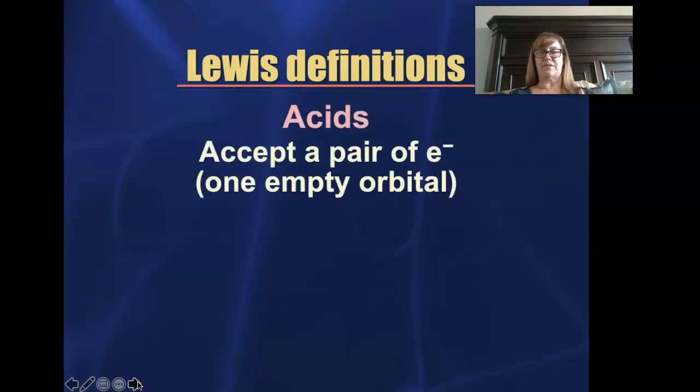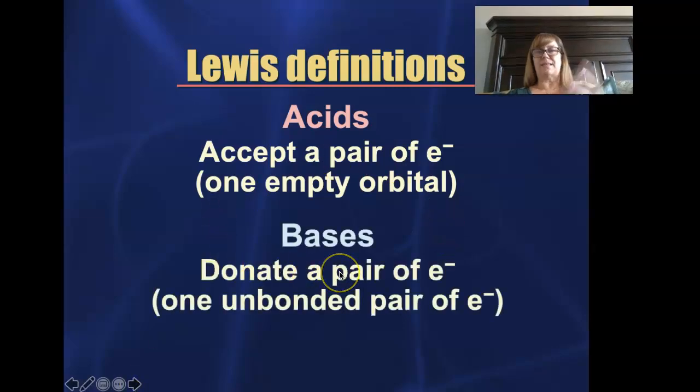So Lewis's definition is, instead of an acid donating a proton, an acid accepts a pair of electrons. And instead of a base accepting a proton, a base donates the electrons. Just a different part of the atom to look at. Most chemists will focus on the Bronsted-Lowry definition of acids and bases, but I want you aware that this one exists as well.